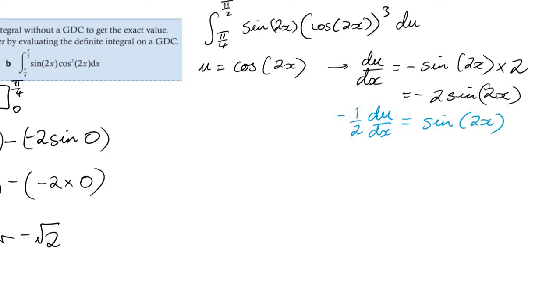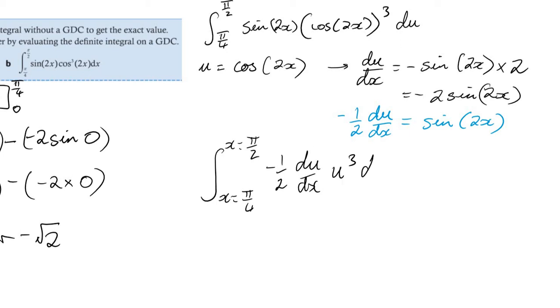And then we're in a position of being able to say the integral from x equals pi on 4. This is actually important notation because we don't have only x as our variable here anymore. So we've got negative 1/2 du dx multiplied by u cubed.